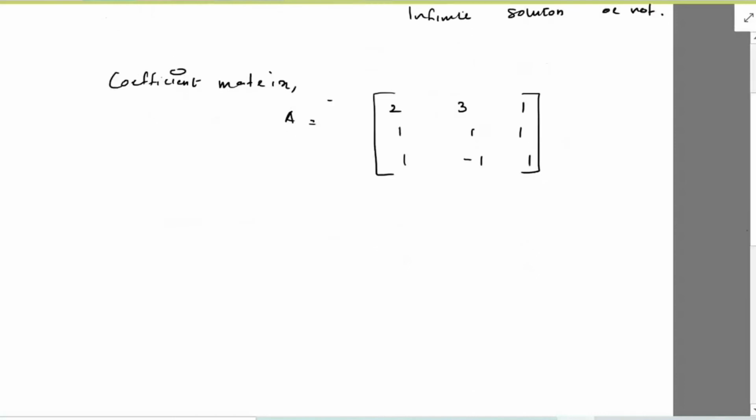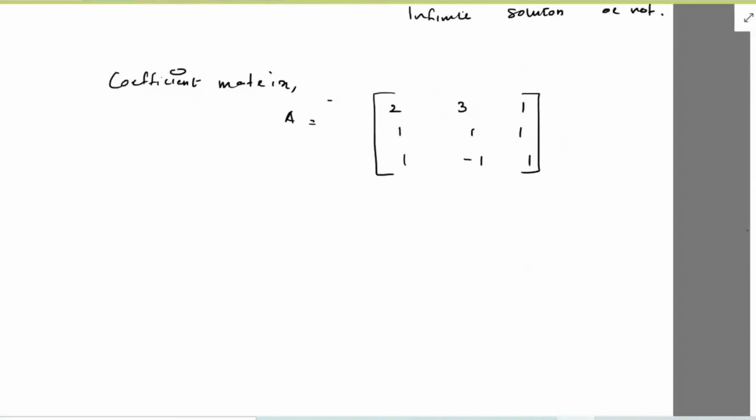Now what? Now reduce this into echelon form. Just echelon form is necessary. We don't need to convert it into reduced echelon form. We just need only echelon form. So what operation can we use as the first operation?